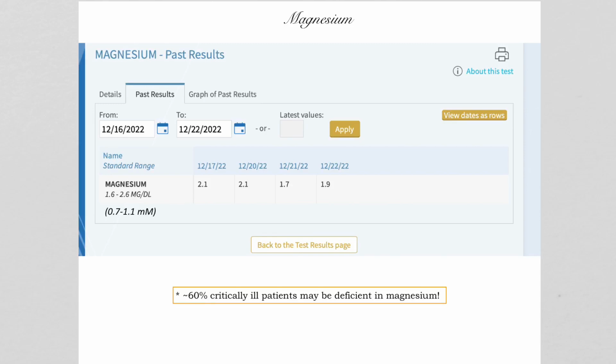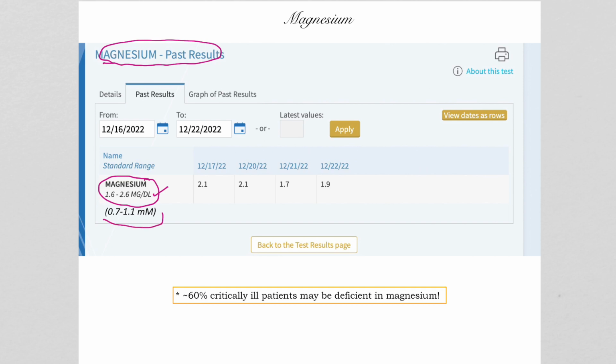So magnesium is becoming a very popular test that is ordered by clinicians these days, probably due to many new studies and reports about the beneficial effects of magnesium that have been published more recently. The reference range for magnesium in this hospital is about 1.6 to 2.6 milligrams per deciliter.